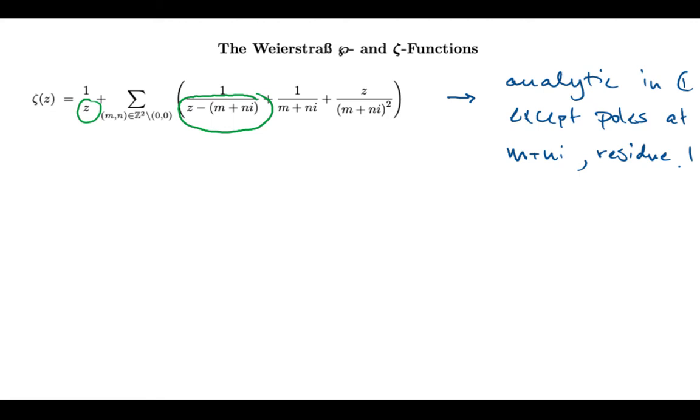We'll need another property, and the Weierstrass zeta function does not have the property just yet. Namely, we need the definition of a doubly periodic function.